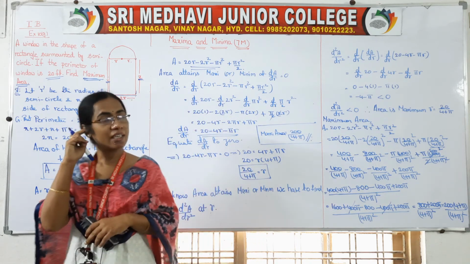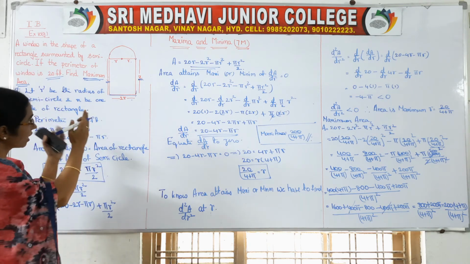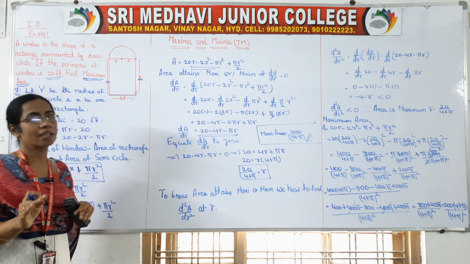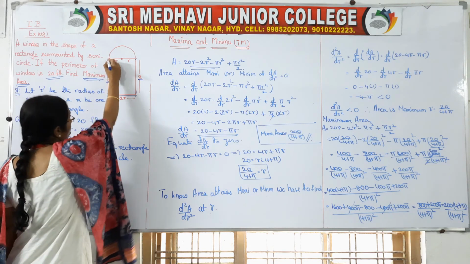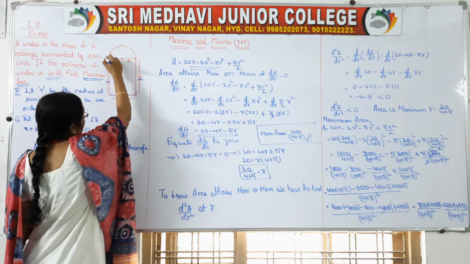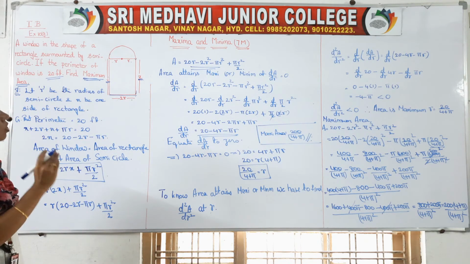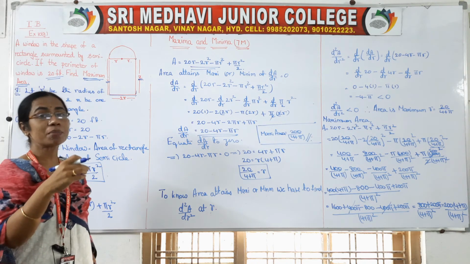But the only thing is, here, first taking the values, be careful, we have taken a rectangle and a semicircle, not a circle. The perimeter is given to us, perimeter means outer side length, and this one is given as 20. So by taking that clue, we have to find the maximum area.